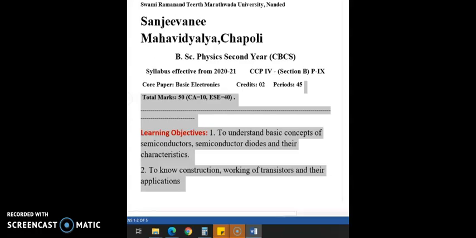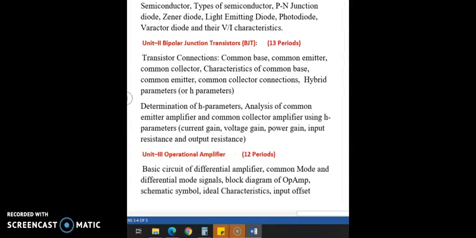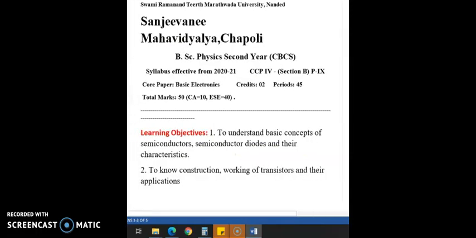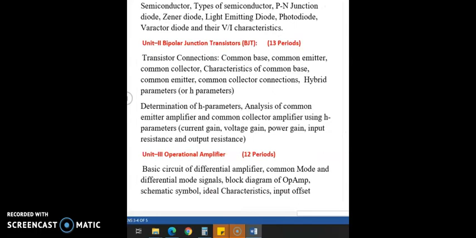Now we see what the actual syllabus designed for you is. First unit is semiconductor diodes. In this unit, we should know what is meant by conductor, insulator and semiconductor. Then what are the types of semiconductors? What is P, what is N, what is a p-n junction, and what is a p-n junction diode.